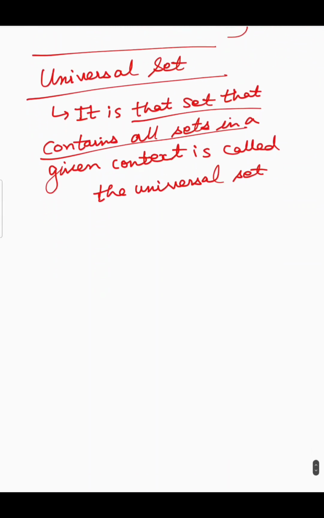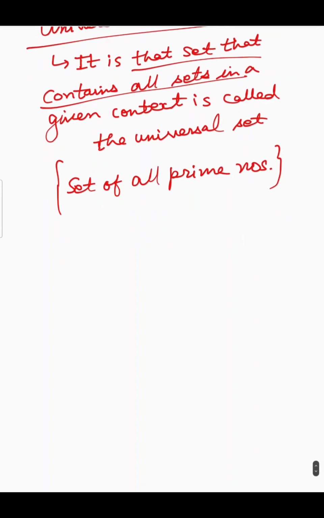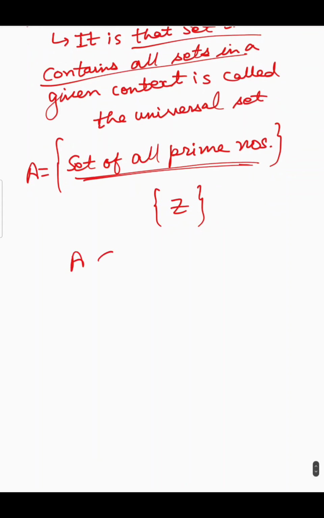Okay, like if we write set of all prime numbers, अगर हम ये example लेते हैं, set of all prime numbers, ये जो set है ये एक इंटीजर सेट का हम कह सकते हैं कि सबसेट होगा. ये जो सेट है मान लीजिए इसको A, so we can write like this: A is a subset of Z. Z का सबसेट ही होगा ना.